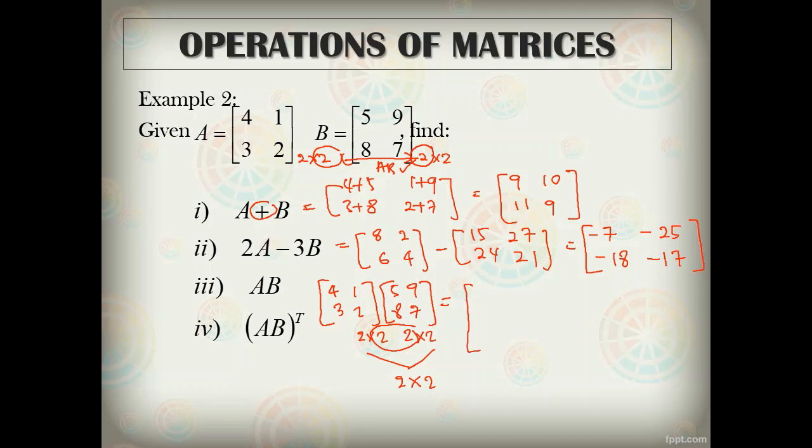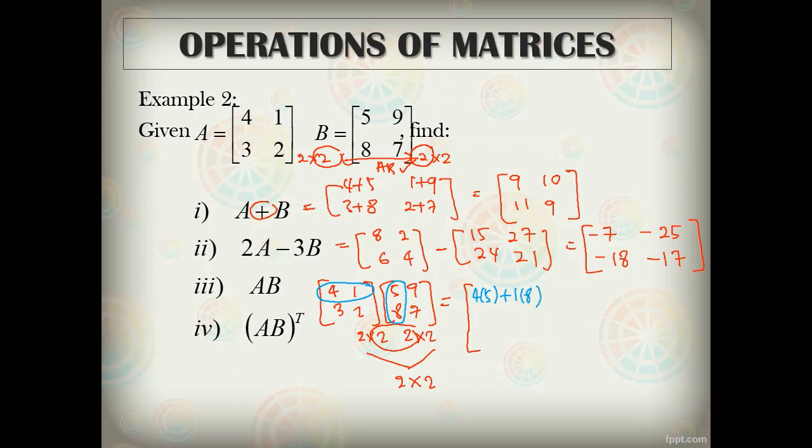First, change the color. We take this row and multiply it with this column. So 4 times 5, plus 1 times 8.